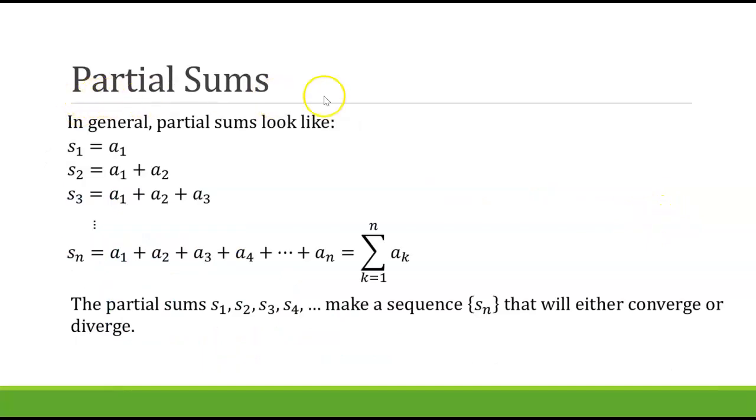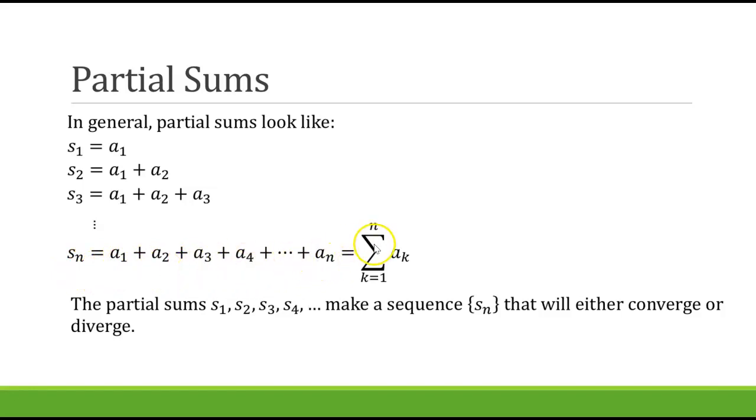Let's take a look at partial sums in general. S sub 1 is just the first term, a sub 1, but S sub 2 is adding the first two terms, a sub 1 plus a sub 2, and S sub 3 is adding the first three terms, a1 plus a2 plus a3. And so the nth partial sum, S sub n, is adding the first n terms of a sequence.